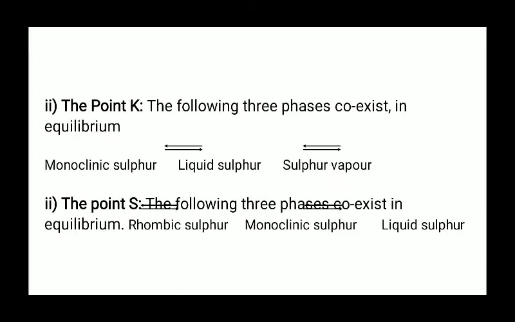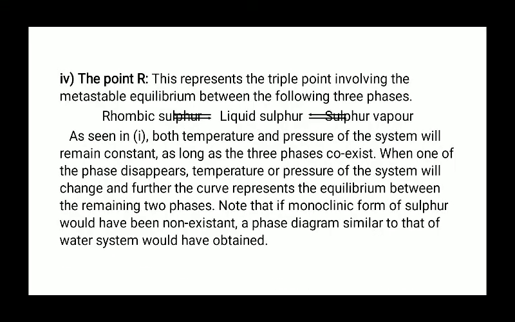At point K, the following three phases coexist in equilibrium: monoclinic sulfur is in equilibrium with liquid sulfur, which is in equilibrium with sulfur vapor. At point S, three phases exist: rhombic sulfur is in equilibrium with monoclinic sulfur, which is in equilibrium with liquid sulfur. At point R, the following three phases are obtained: rhombic sulfur is in equilibrium with liquid sulfur, which is in equilibrium with sulfur vapor.